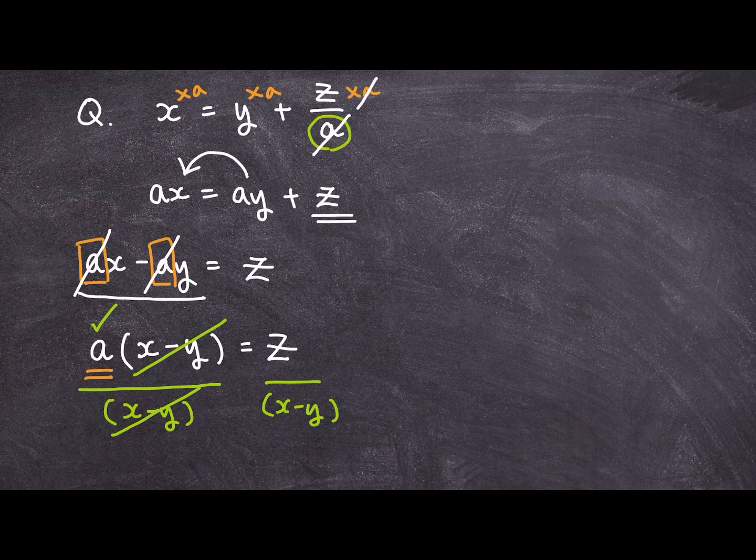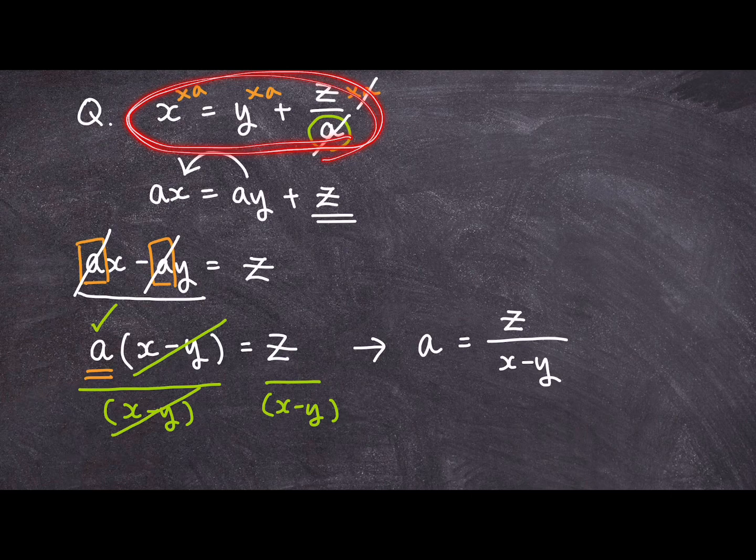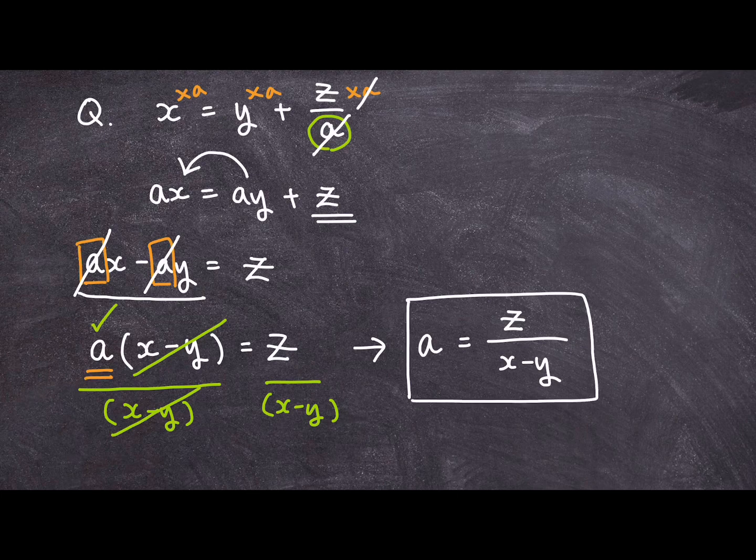Now, if I do that, what I end up with is just a on the left side of the equation, and on the right side, I end up with z over x minus y. Now I have successfully solved this equation for a. And since I'm done, I'm going to box this expression and call it my answer.